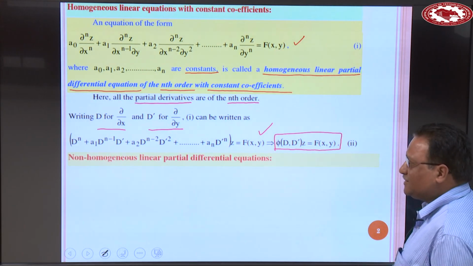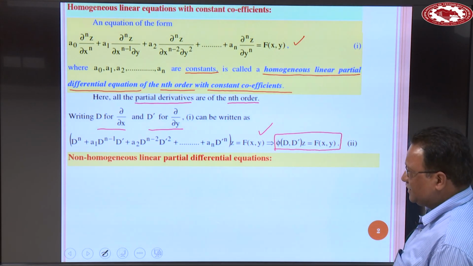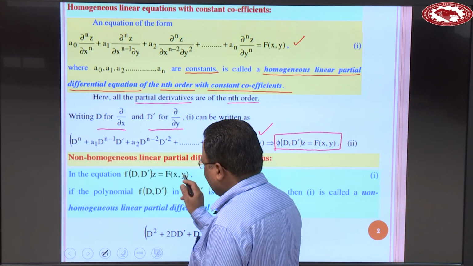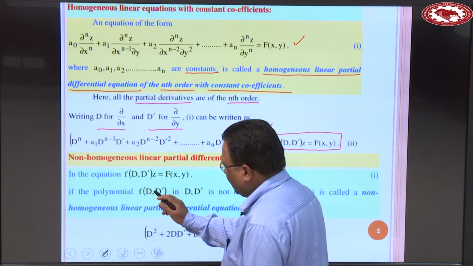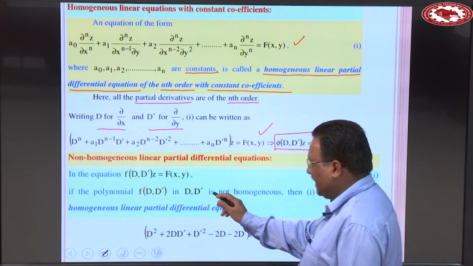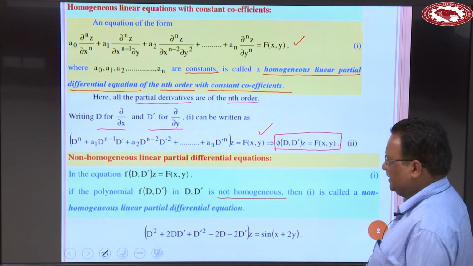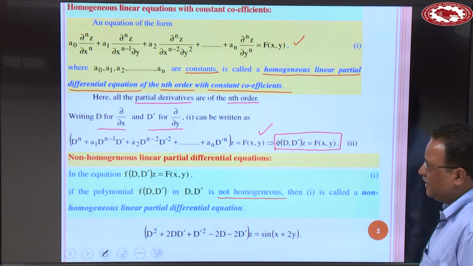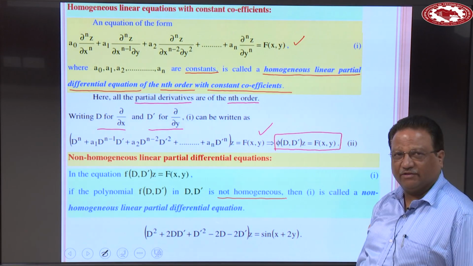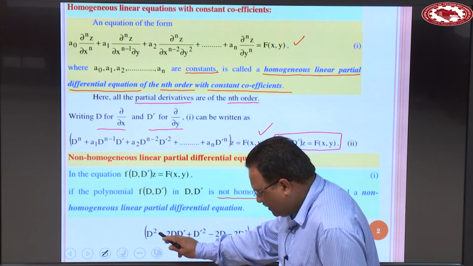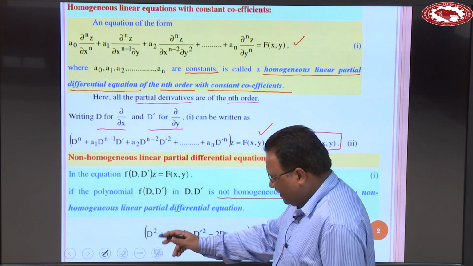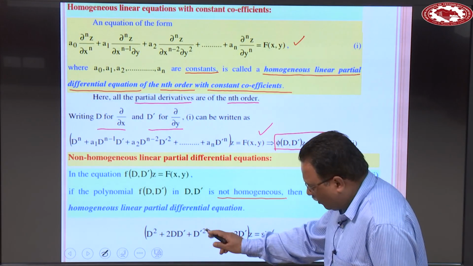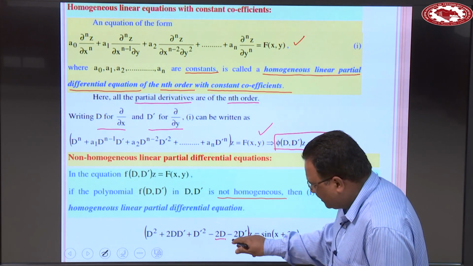Now, what are non-homogeneous linear partial differential equations? In the equation F(D, D') z = f(x,y), if the polynomial F(D, D') in D, D' is not homogeneous, then this equation is called a non-homogeneous linear partial differential equation. For example, here D squared has order 2, DD' has order 2, D' squared has order 2, but here the order is 1, and here the order is 1.